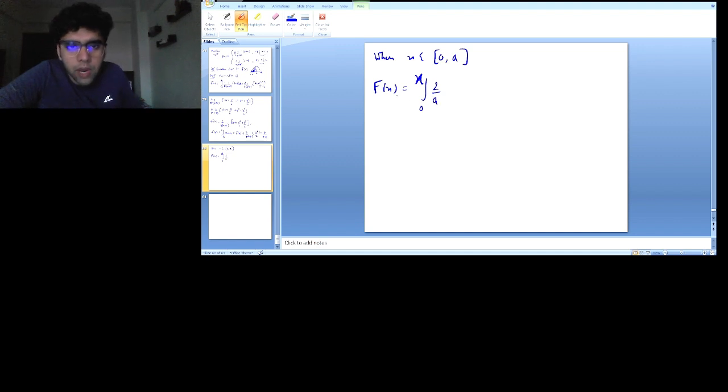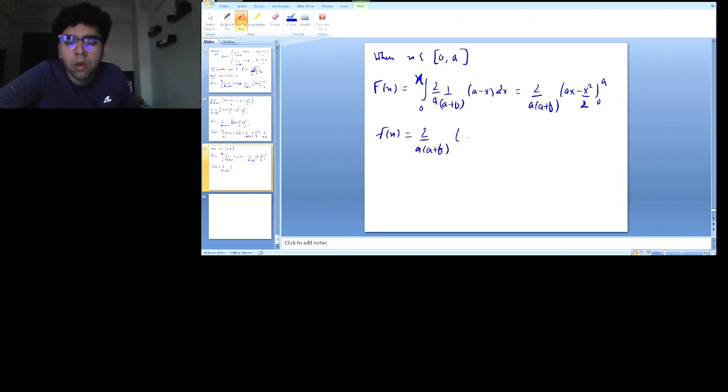CDF is denoted by a capital F and PDF by a small f. So 2 upon a, 1 upon (a plus b), (a minus x) dx. So this becomes 2 upon (a plus b), ax minus x square by 2, 0 to a, which gives me 2 upon (a plus b), a square minus a square by 2.